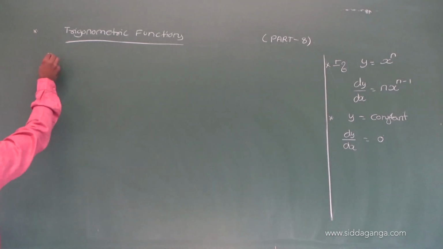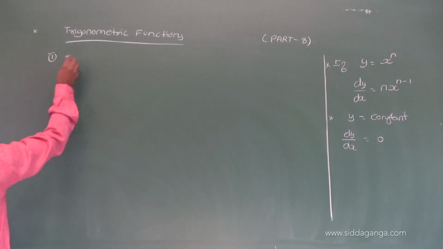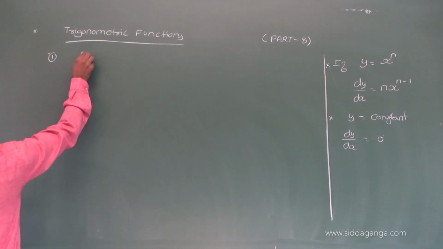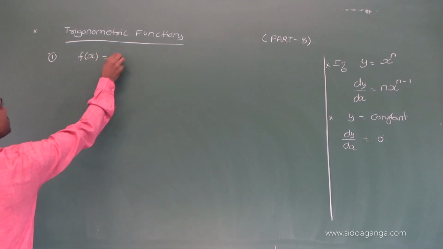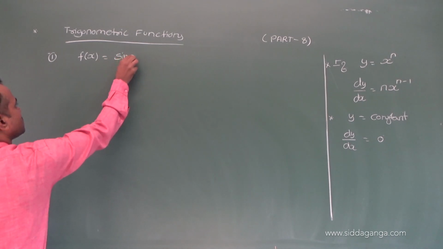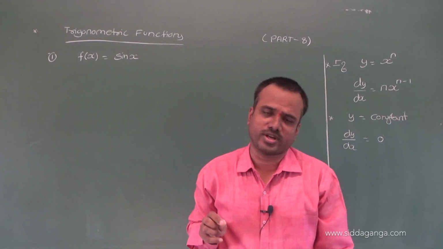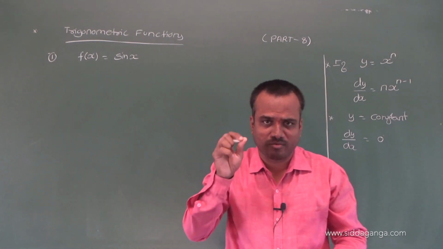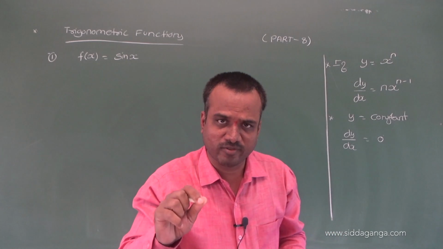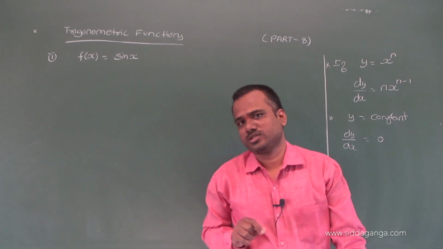So the first one: f of x is equal to sin x. That means now I am finding the derivative of sin x.